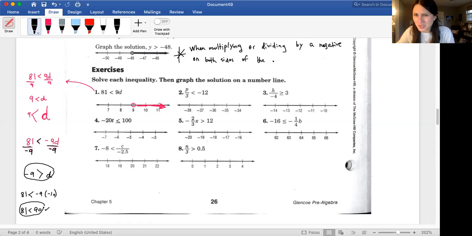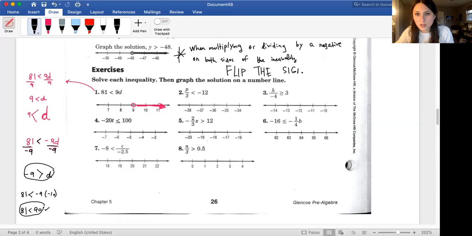So it's not on both sides of the equal sign this time because it's an inequality. The inequality, I'm going to write it in caps, FLIP THE SIGN. S-I-G-N, not S-I-N-G.